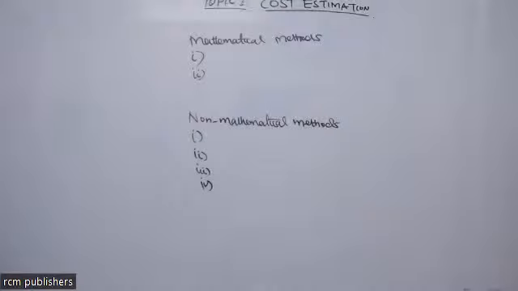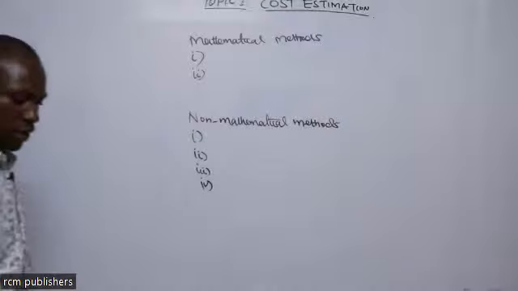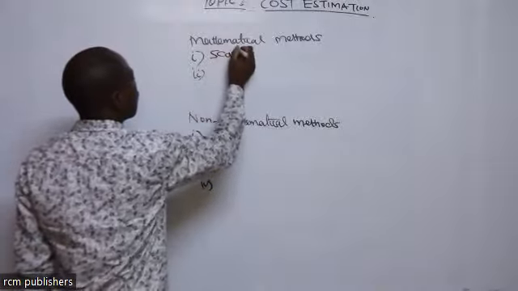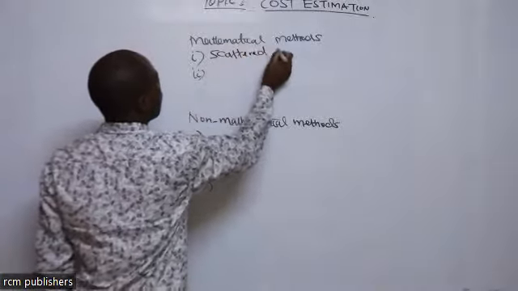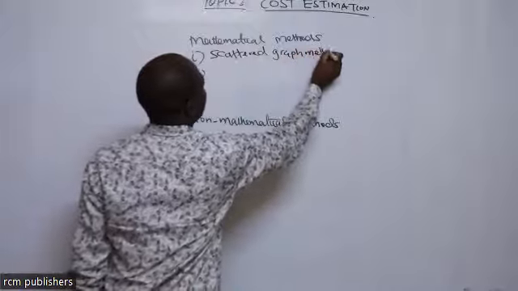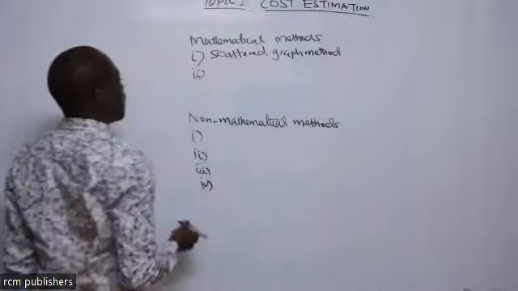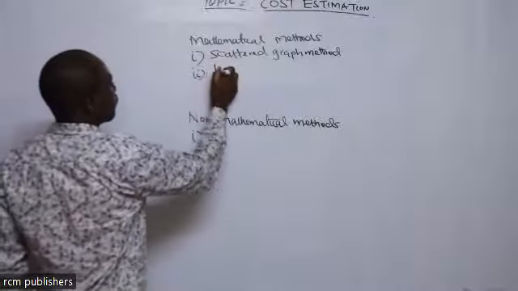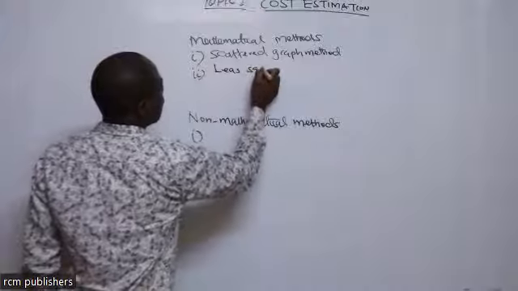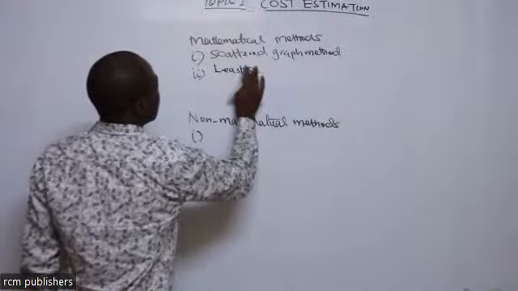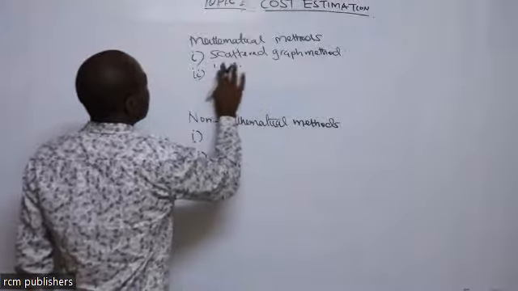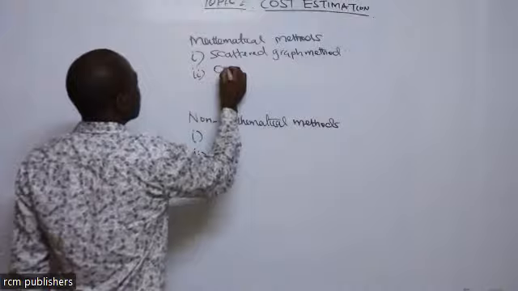The mathematical method is the scatter graph method. Then number 2, we have the ordinary least squares.